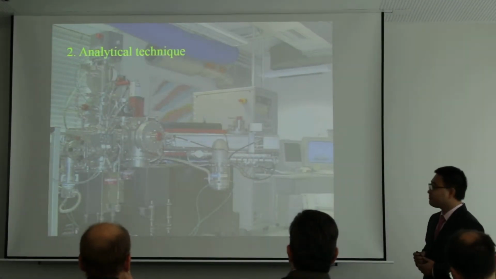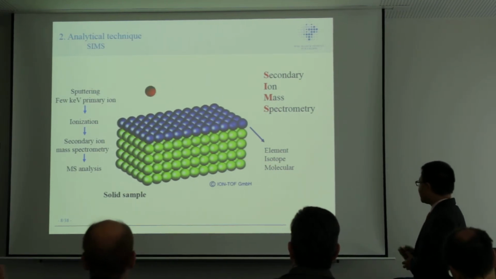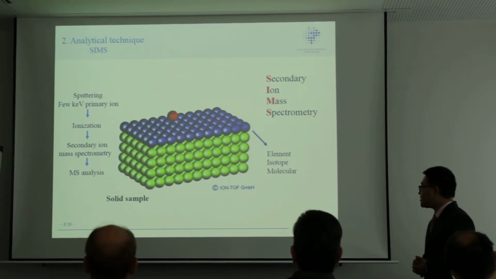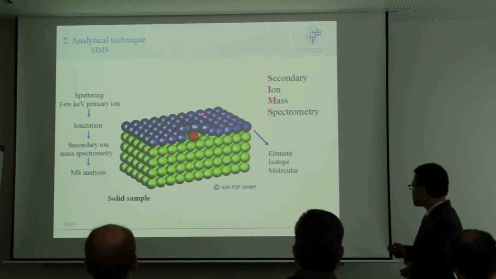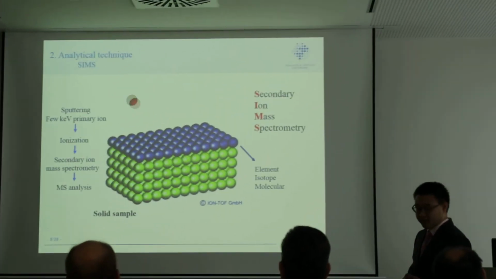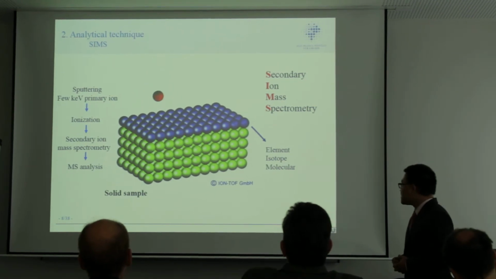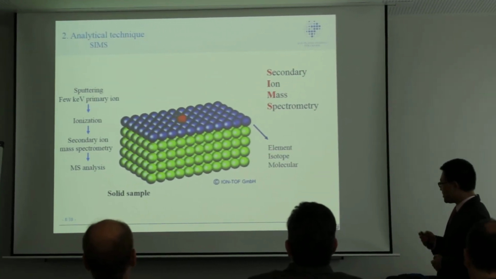Analytical technique. This is the tool used in this work, SIMS. When a solid sample is bombarded by primary ions with a few kilo electron volts of energy, a fraction of particles is emitted from the target, and these particles are ionized. Secondary ion mass spectrometry measures these secondary ions with a mass spectrometer.